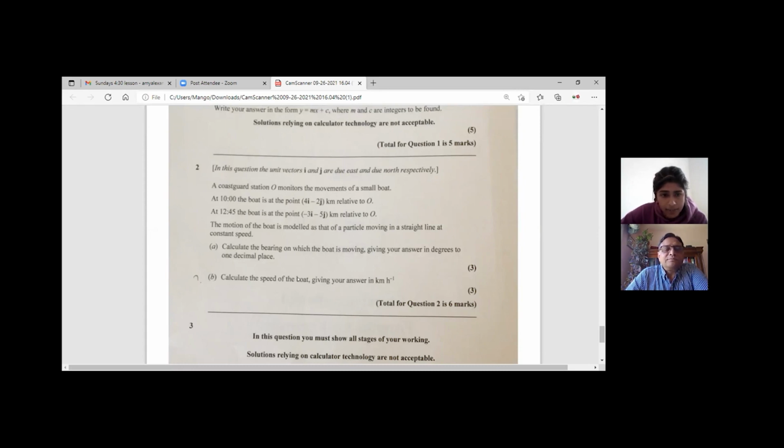Part A, calculate the bearing on which the boat is moving, giving your answer in degrees to 1 decimal place. And bearing means the angle from the north.